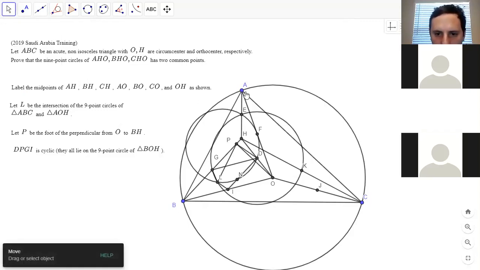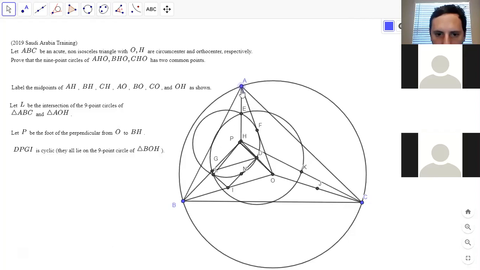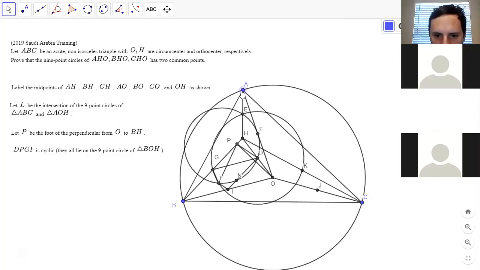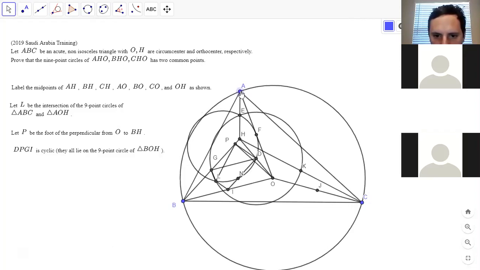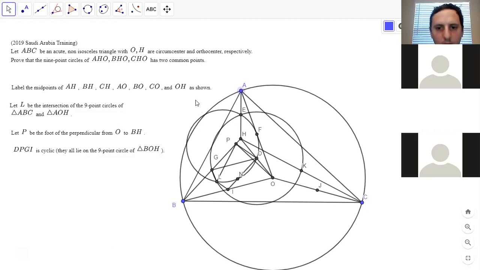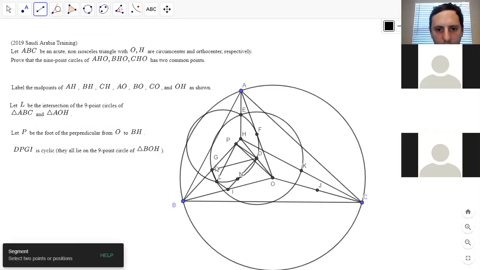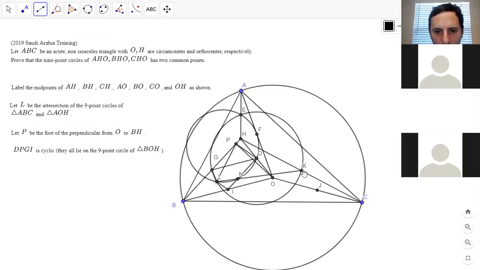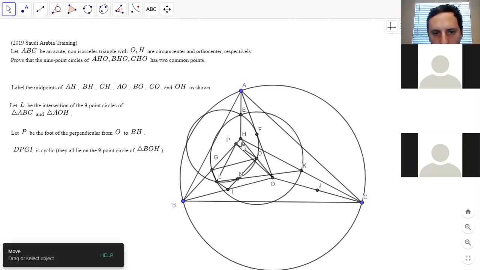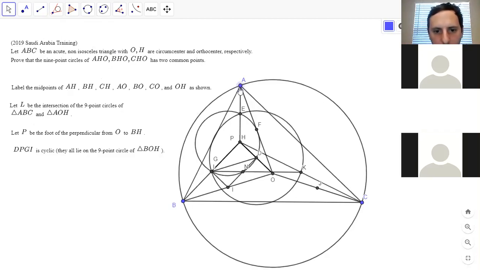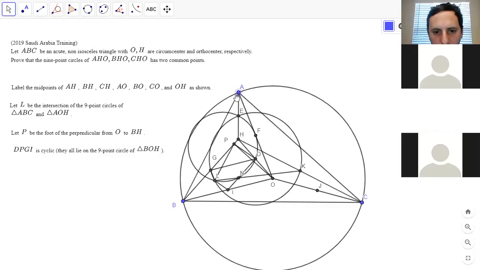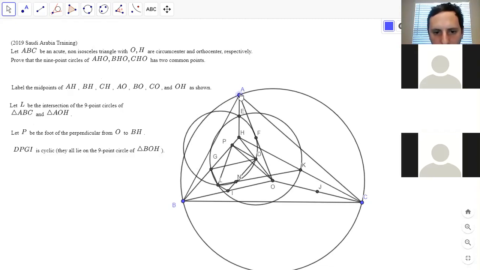Okay, so we want to show L, N, and K are collinear. It almost looks like the Gauss line in a way. That's not something I expected, that L, N, and K are collinear.